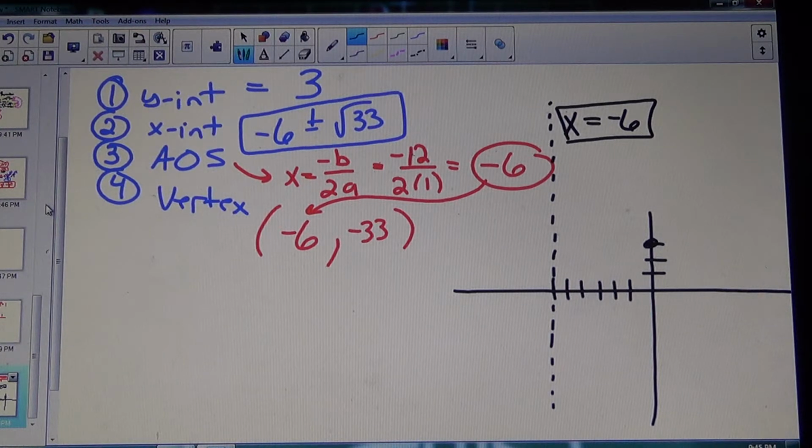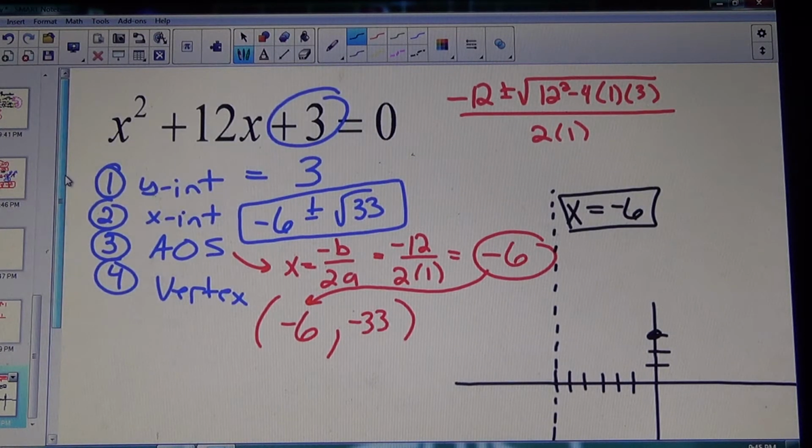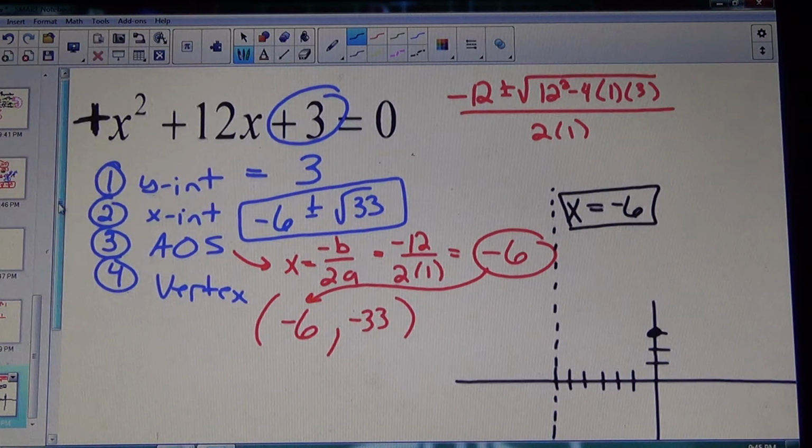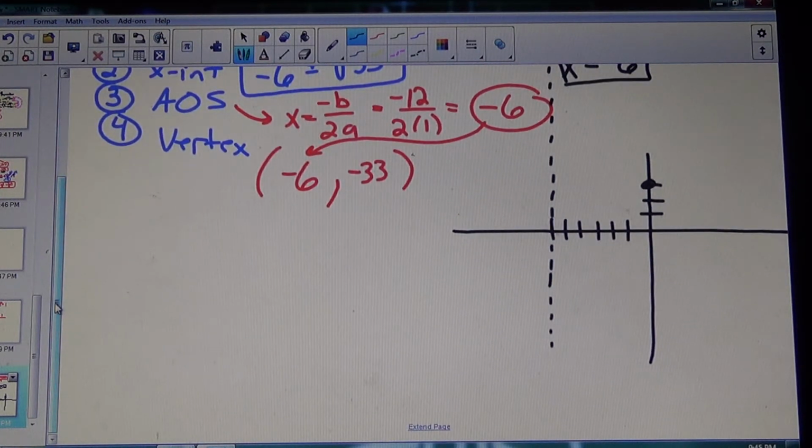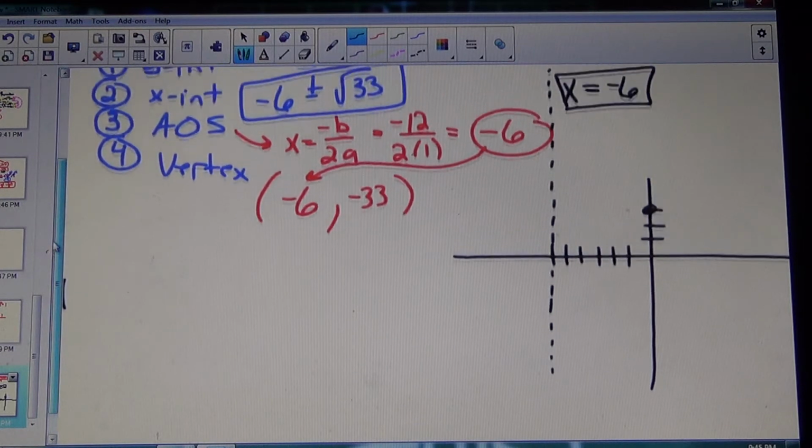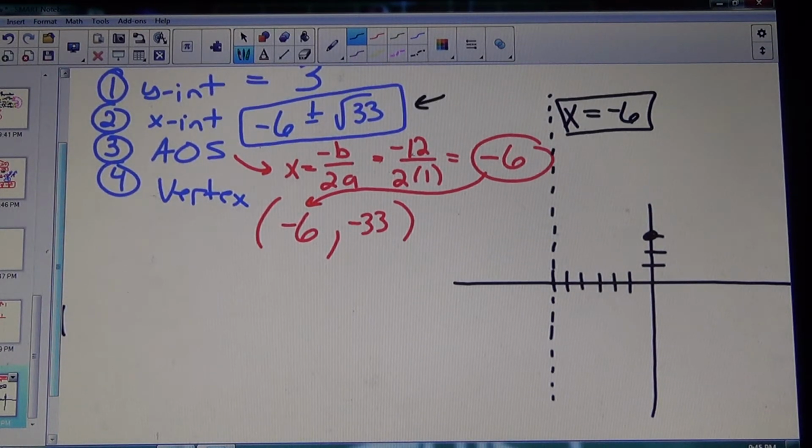Is this a smiling parabola or frowning? It is positive out in front. Since it is positive here, that means it is smiling. Alright, x-intercepts. I had the nice answer here, but I need exact decimals. So all I do in my calculator is negative 6 plus second square root 33, and I would get x equals negative 0.2.